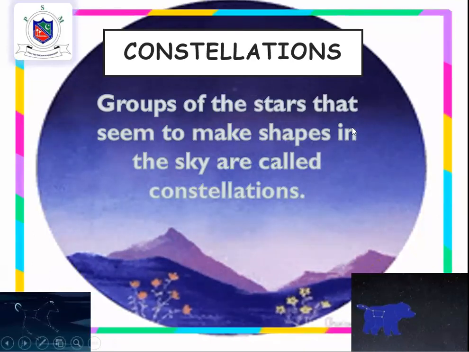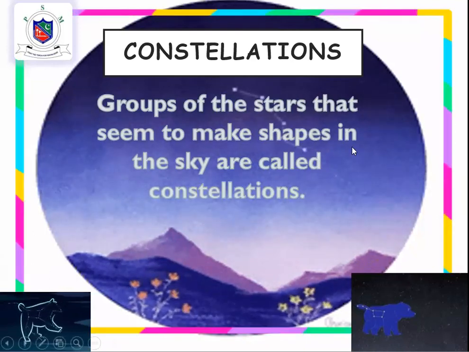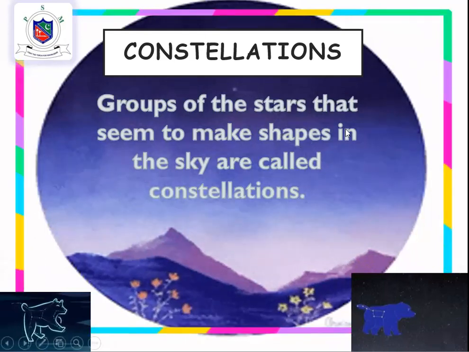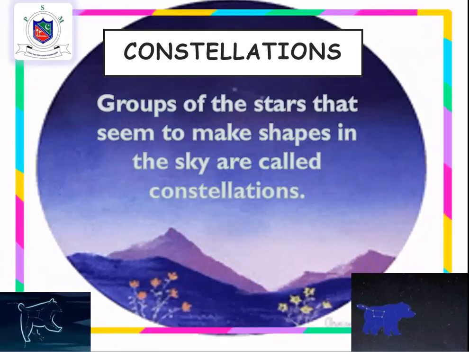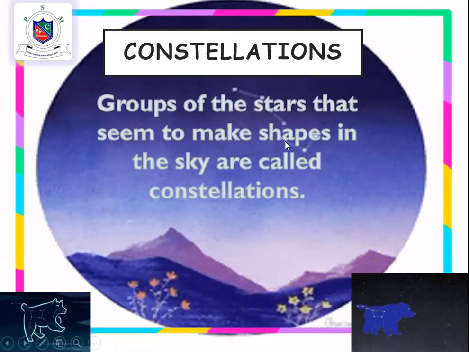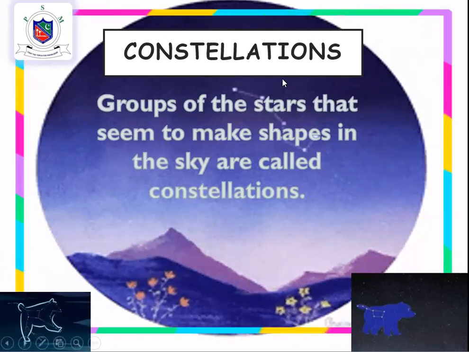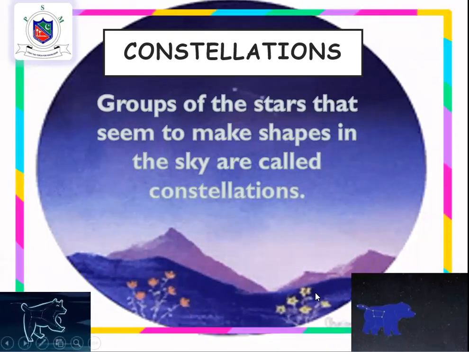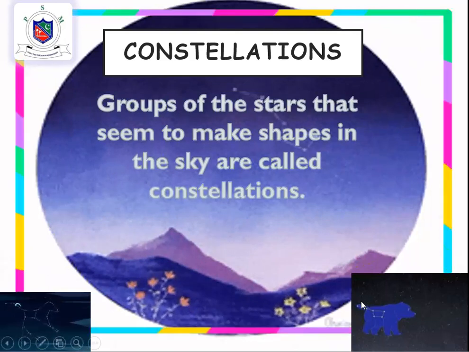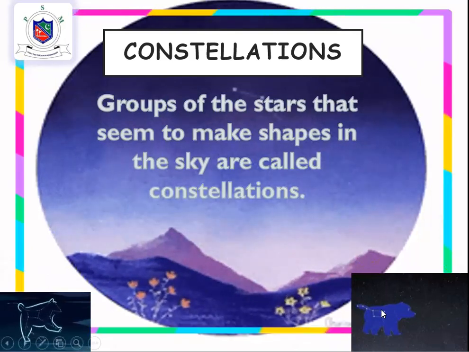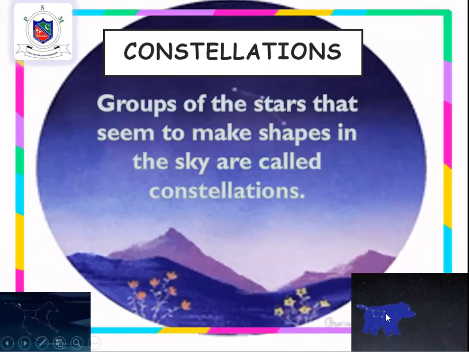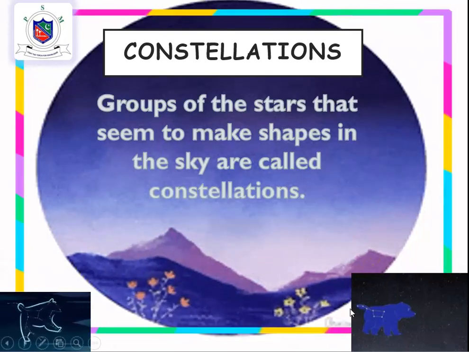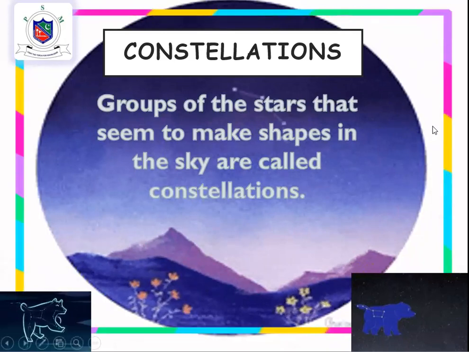They always point to a bright star called the pole star or north star. The north star is always in the northern part of the sky, directly over the North Pole. The Big Dipper appears to move around the pole star.